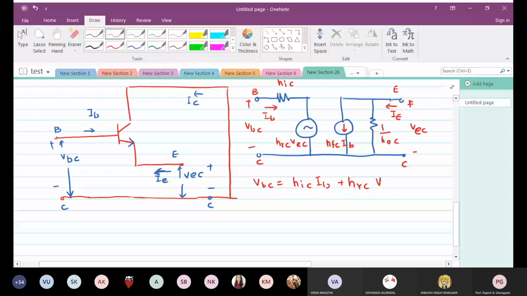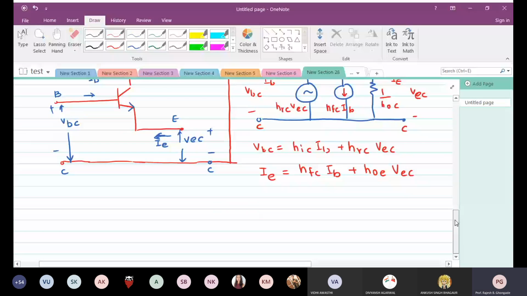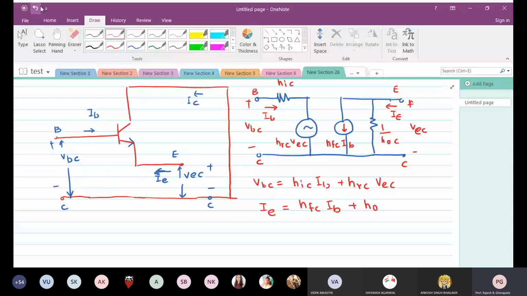Similarly, IE will be equal to HFC into IB plus HOC into VEC.